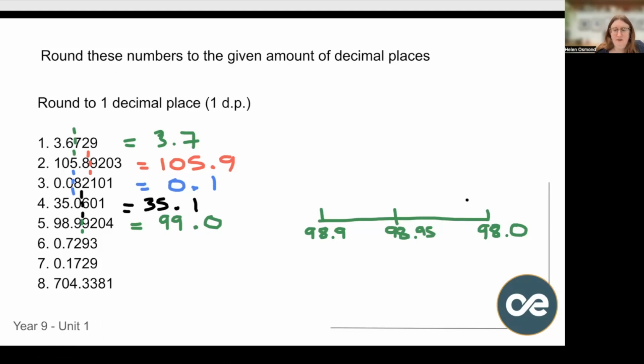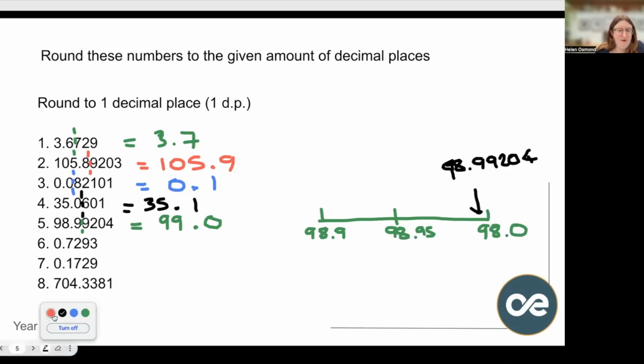And then our number is almost all the way up here, 98.99204. Doesn't matter about all the rest of the decimal places that are in there. We can see that we are almost at 98.0. So when we round, we're going to round up to 98.0.